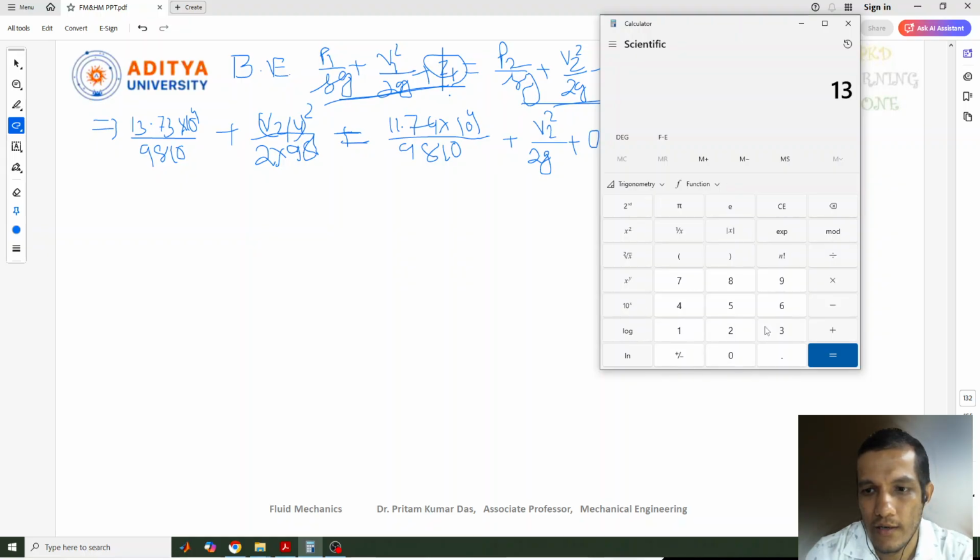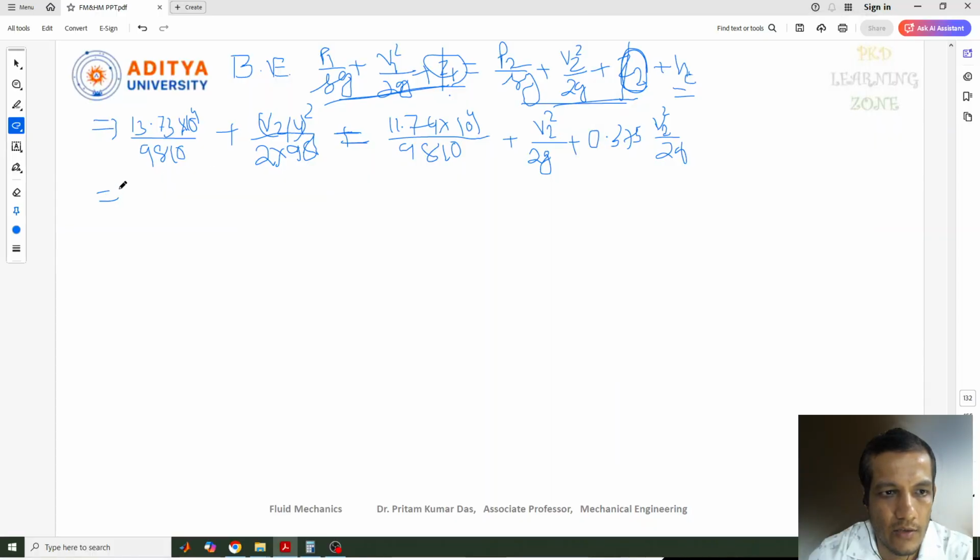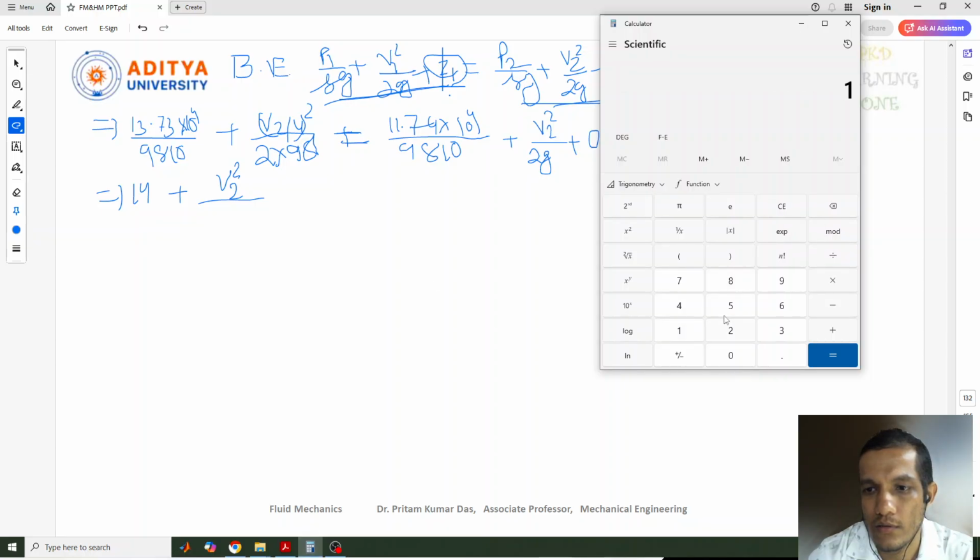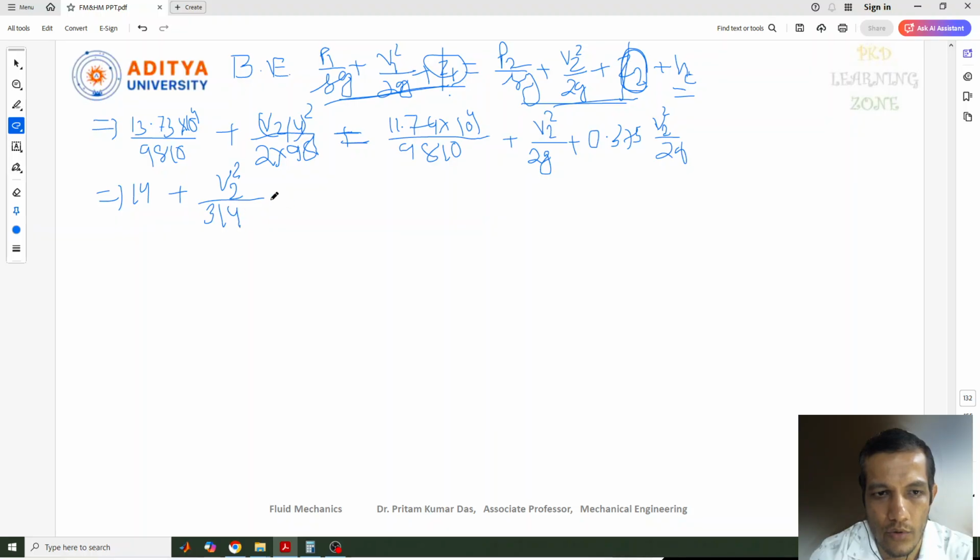13.73 into 10 to the power 4 divided by 9810 gives 13.99, which is nothing but 14. Plus V2 square divided by 4 square, 16, into 2g: 16 into 2 into 9.81 is 313.9, so we can write 314.